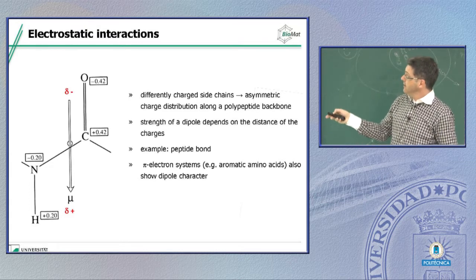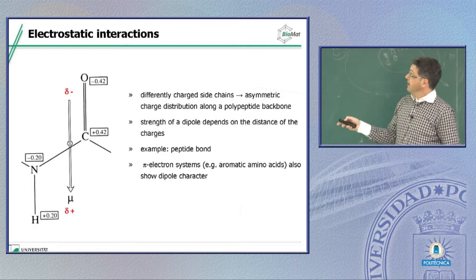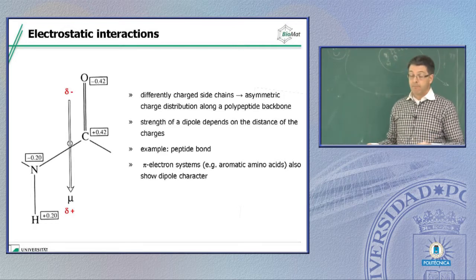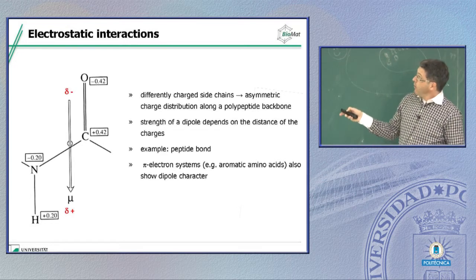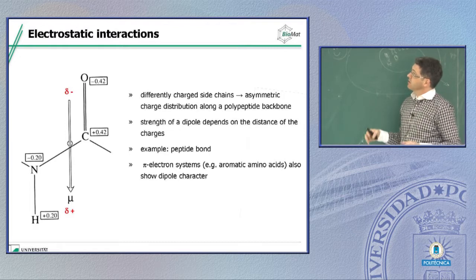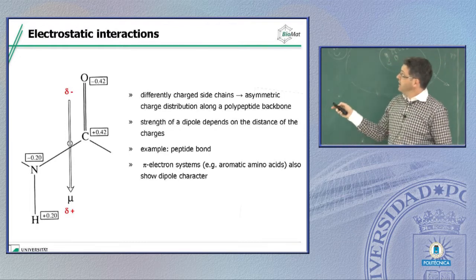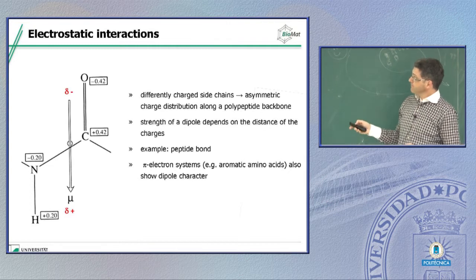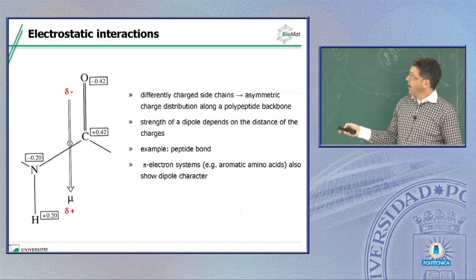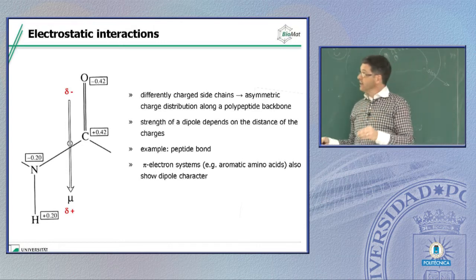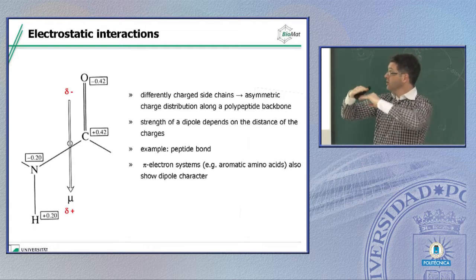And what you can see here is that a peptide bond itself is, so to say, a micro dipole. Why is that so? We have an asymmetric charge distribution along a polypeptide backbone, and therefore we have a system that can function as a microdipole and that can also make charge-charge interactions.